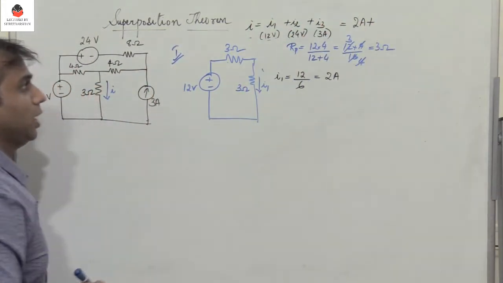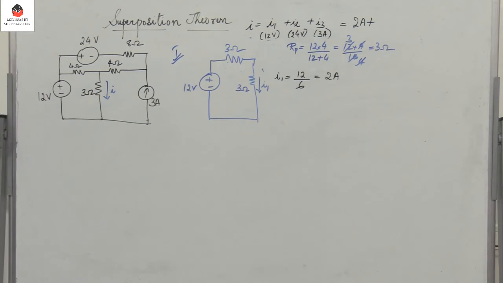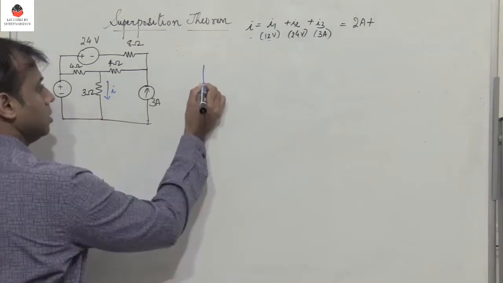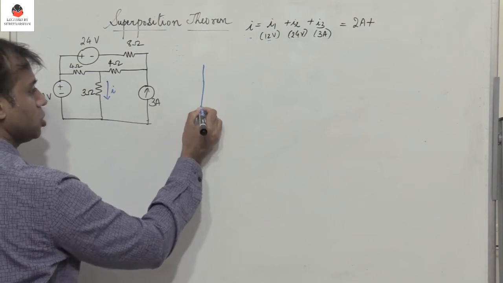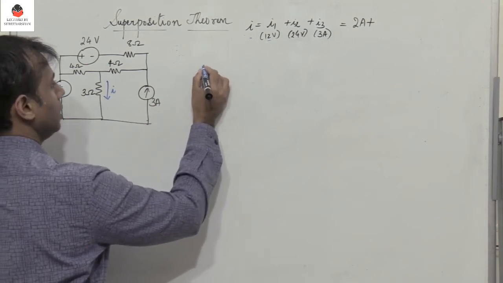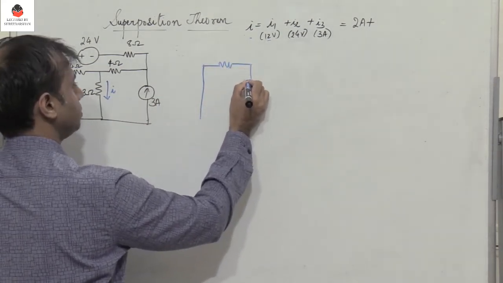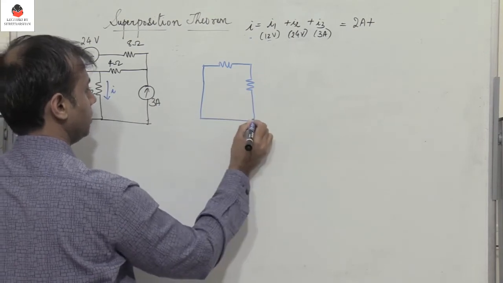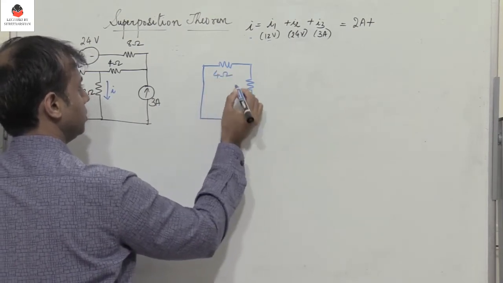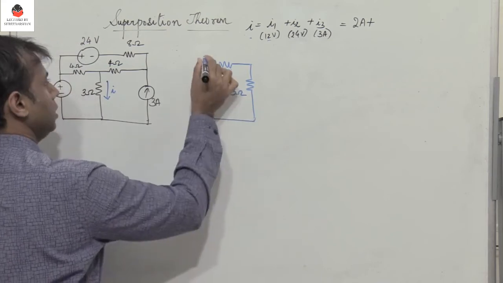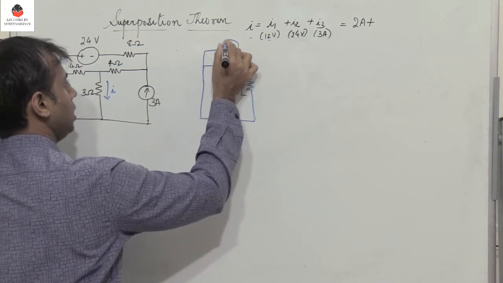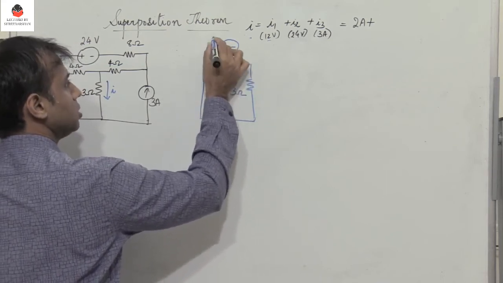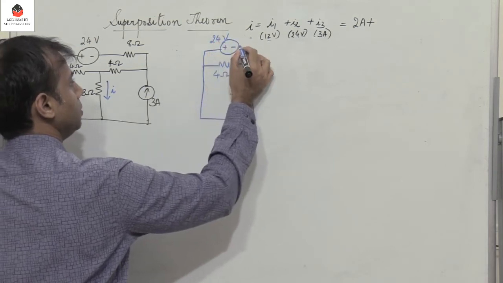So now I need to find I2. So to find I2, what has to be done? I have to neglect 12 volts and also 3 amperes. So observe, the 12 volts is being shorted because I'm neglecting it, and then you have 4 ohms and then 3 ohms here. So this is 4, this is 3, and then I only have to consider 24 volts.